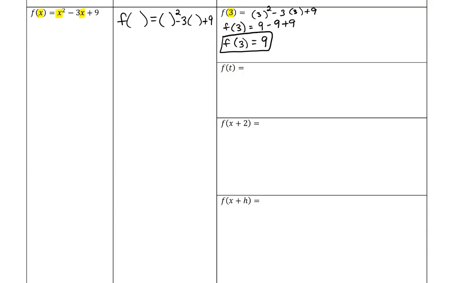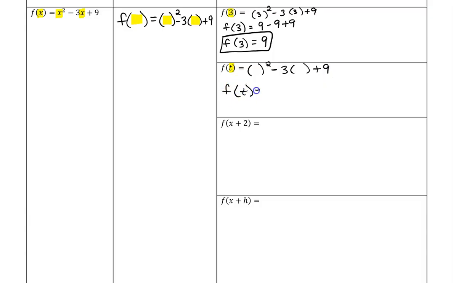The next one is an f of t. So t is our substitution. T is going to go into these blank spots. So let me draw my skeleton for this particular function. That's squared minus 3 times the parentheses plus 9.